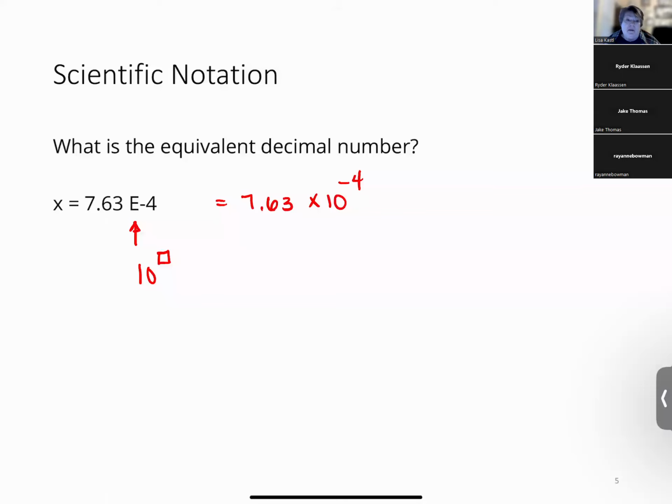Those are all significant. Now, if I write this as a decimal, this -4 tells me I need to move that decimal 4 places to the left. This is a small number because its exponent's negative, so it's going to be a number less than 1. So this is point, and I always count. There are going to be 3 zeros, since that's a -4.